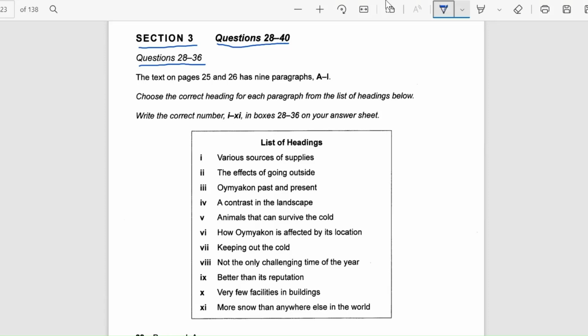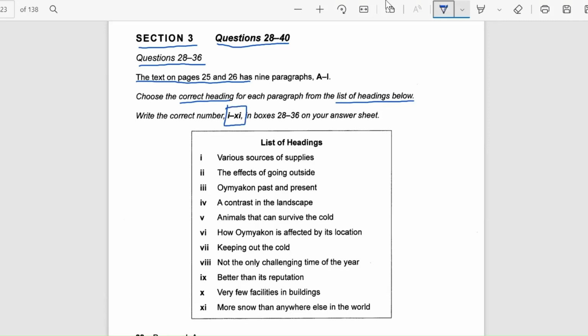You will always see either section 3 or passage 3 written here, or whatever is the number of the passage. And then the text on pages, see, this is clearly mentioned, or the forthcoming text has 9 paragraphs. You have to choose the correct heading for each paragraph from the list of headings given below. So there are these headings given here and this is the list. Write the correct number. Read these instructions very carefully.